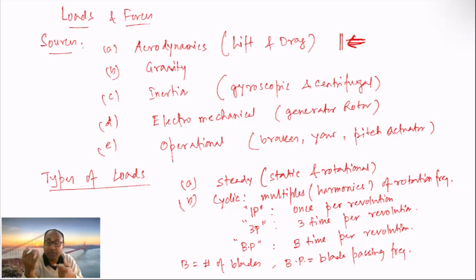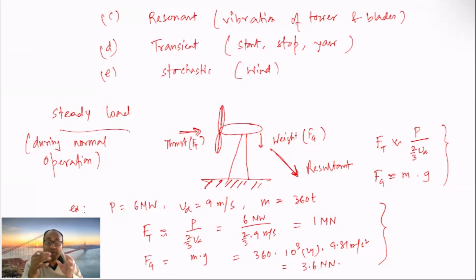You have some operational load because it suddenly brakes, your pitch. And you could have different types of loading. You have steady, which could be static and rotational. You could have cyclic loadings or revolutions, which bring you the blade passing frequency. You could have resonant, transient load, stochastic load.